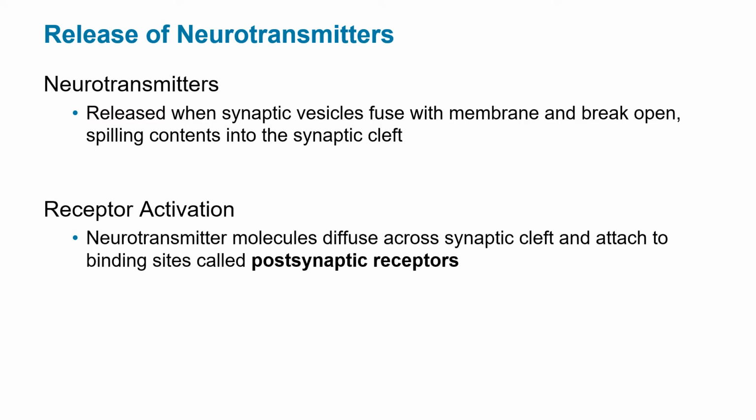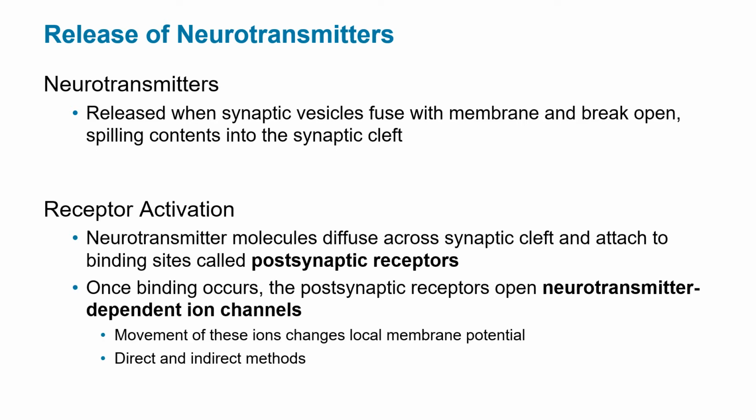And these different neurotransmitters are going to have different effects, because once that binding occurs, the postsynaptic receptors then open neurotransmitter dependent ion channels. So if you'll recall back to the lecture from earlier this week, ion channels are opened up in the neuron to basically facilitate the firing of the neuron.